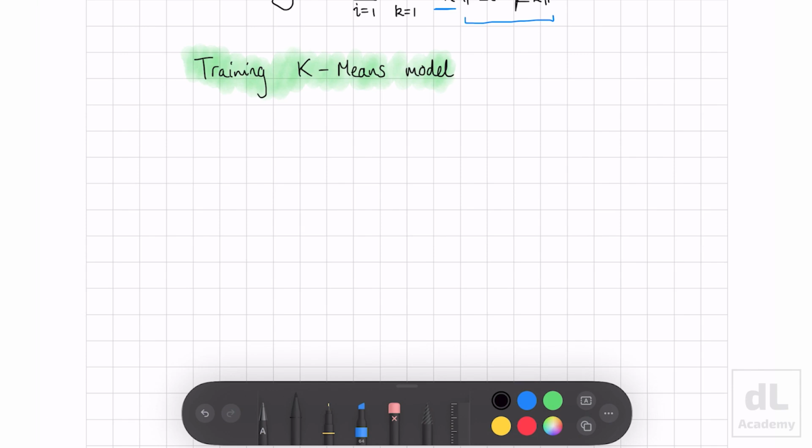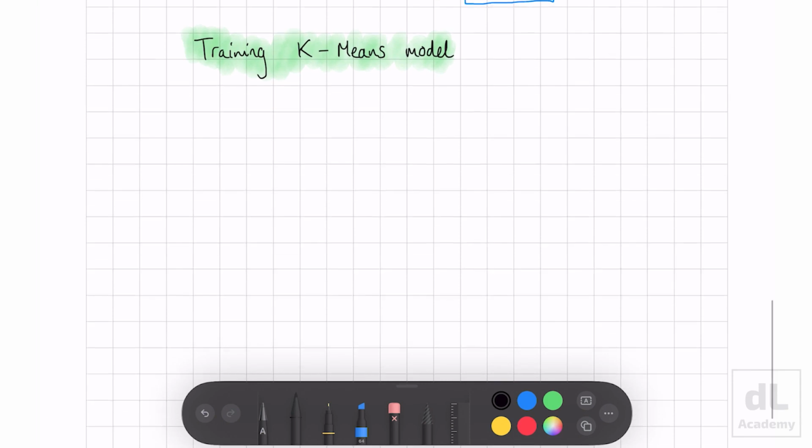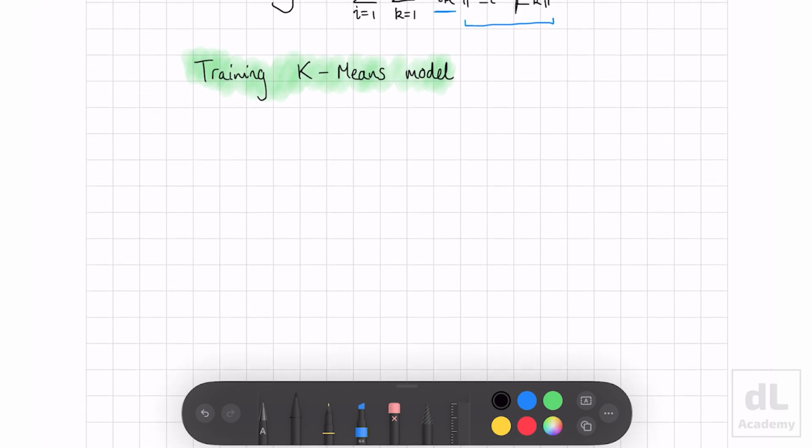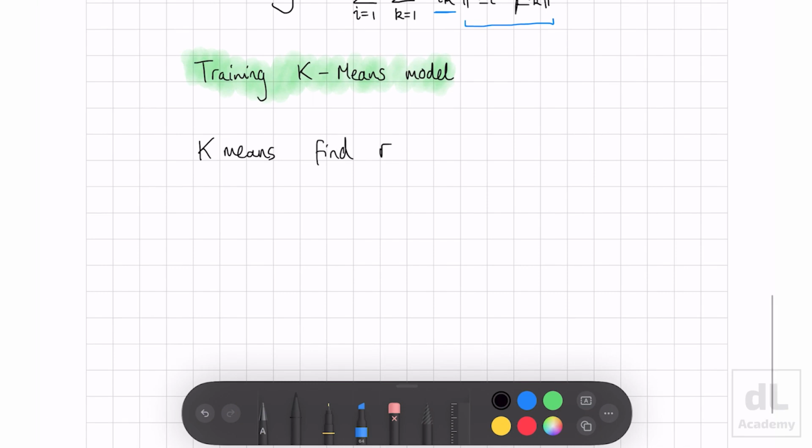So I think it's worth understanding, but you won't actually need to write code for this, even though I do set it as a little challenge: see if you can write a bit of code that does this for a simple example. As we discussed, the things that you can play around with are the assignment. So k-means is really about finding r_ik.